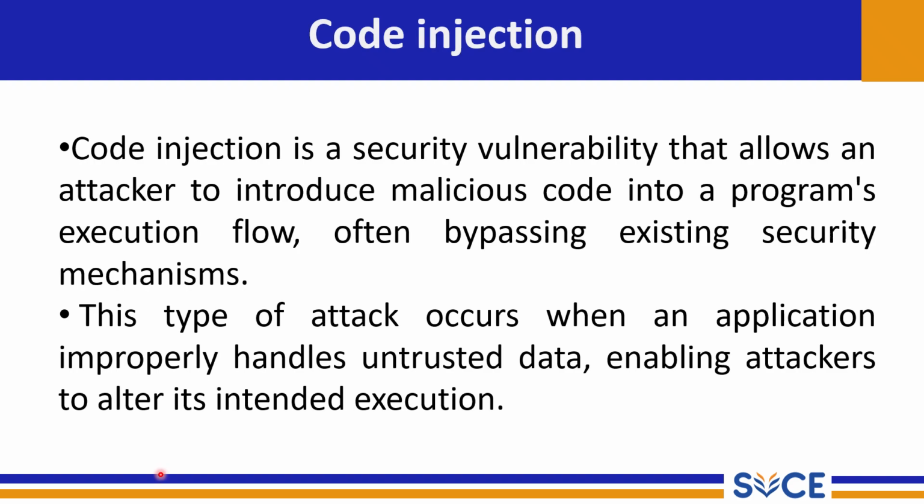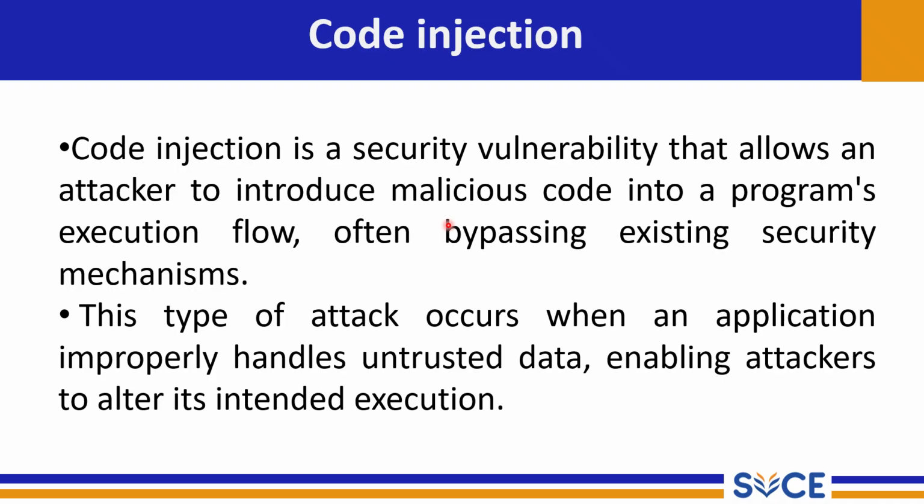So first of all, what is meant by code injection? Code injection is a security vulnerability that allows an attacker to introduce malicious code into the program's execution flow. It often bypasses existing security mechanisms.